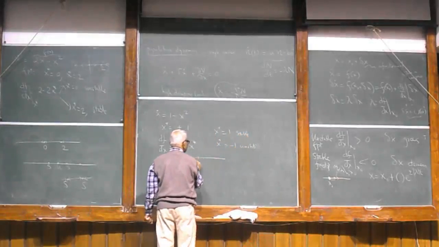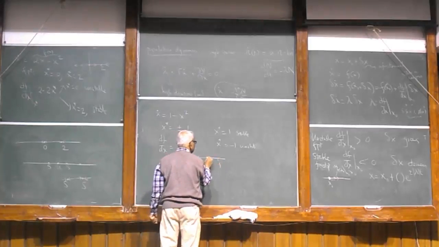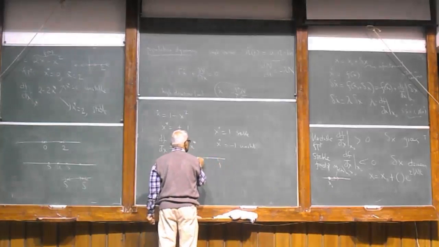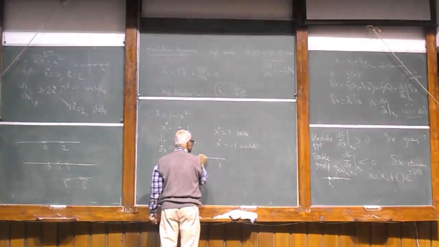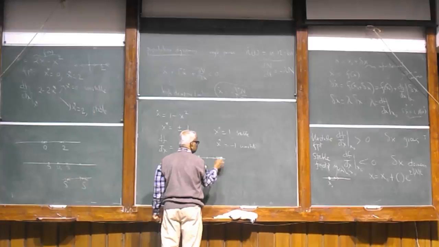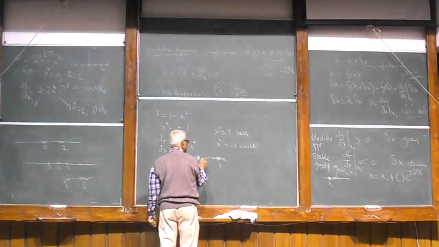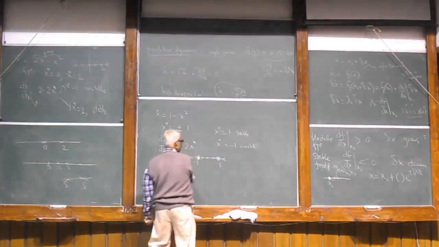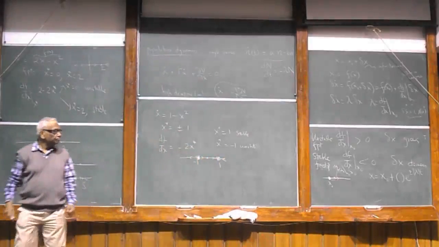So here we are, minus 1, plus 1, that's origin. So these are the two fixed points over here, so that's how you go.